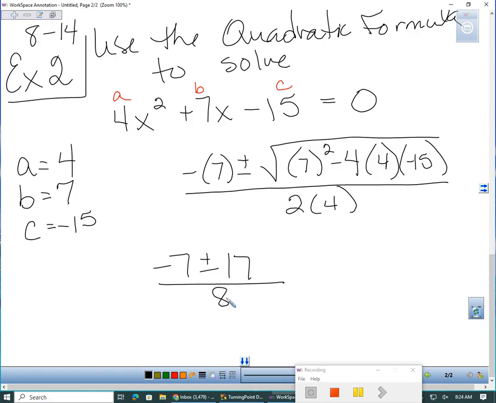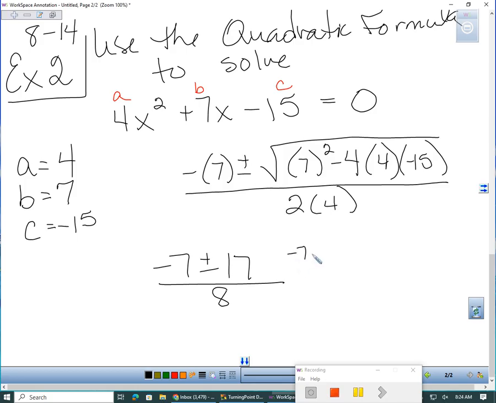All right. So again, we have two things we're answering here. We have negative 7 plus 17 divided by 8, and I have negative 7 minus 17 divided by 8. I'm going to write them separately just so you guys can see it. You don't have to, as long as you calculate them both.